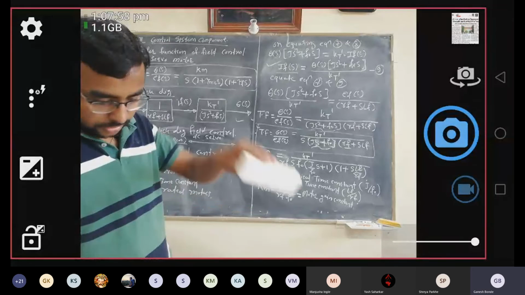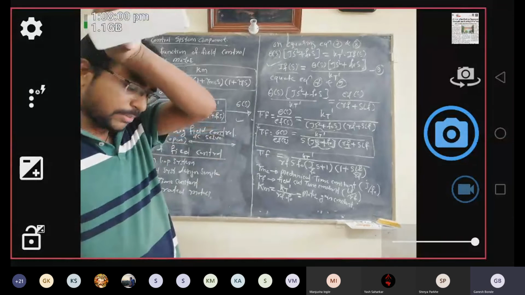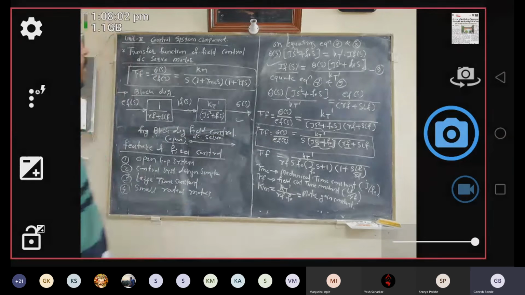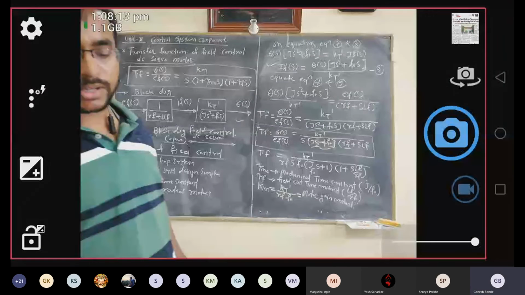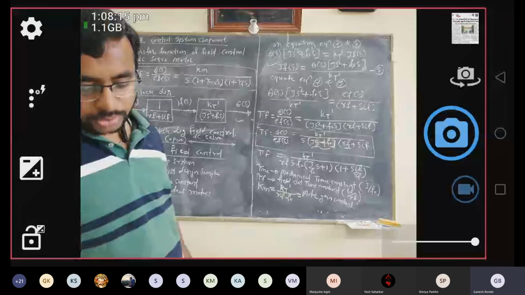Whereas, what are the features of armature control DC servo motor? पहला फीचर आ जाएगा आपका, it is a closed loop control system. Am I correct? In short, you just note down.